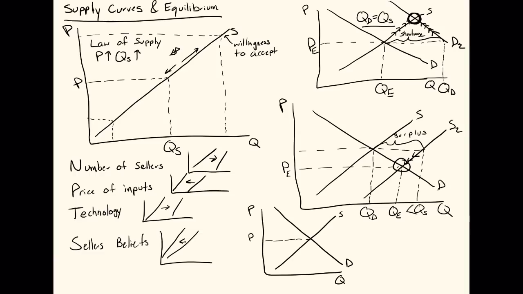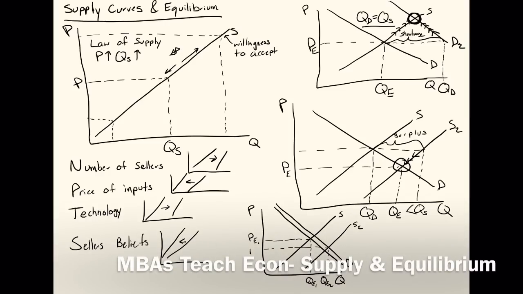For example, if the supply curve shifts further right than the demand curve shifts right, we know that the quantity supplied and demanded increases. However, we must know that the supply curve shifted further than the demand curve in order to know that the price of pizza decreased. This concludes this lesson on the supply curve and market equilibrium with MBAs Teach Econ.